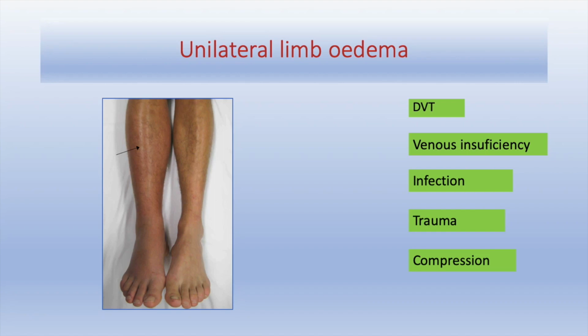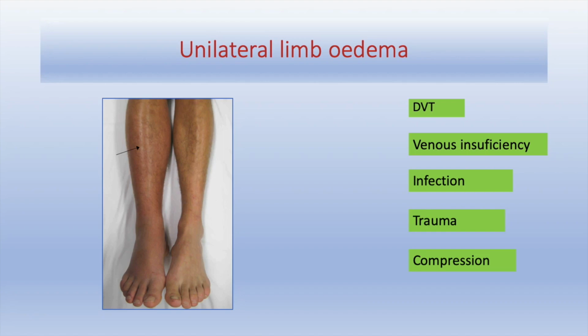Infection again can cause inflammation and unilateral limb edema. Trauma, which causes either occlusion to the lymphatic drainage system or occlusion to the venous return, can cause unilateral limb edema.